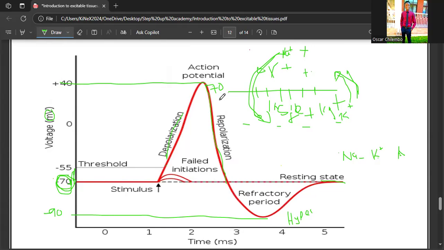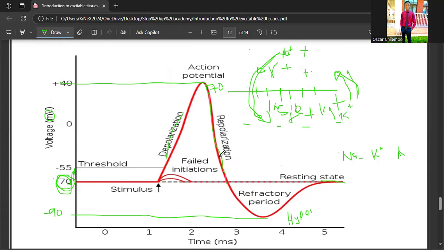Okay, then this process is the repolarization. Repolarization is just potassium voltage gated channels opening to allow the cell to return back to the resting membrane potential. But since there is hyperpolarization, what causes hyperpolarization is that potassium voltage gated channels tend to close slowly, therefore they take time. The cell becomes more negative because potassium is leaving.